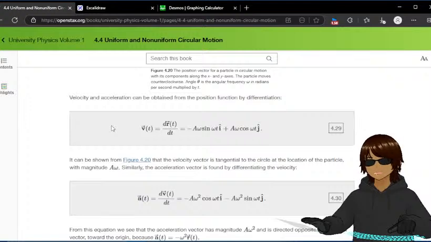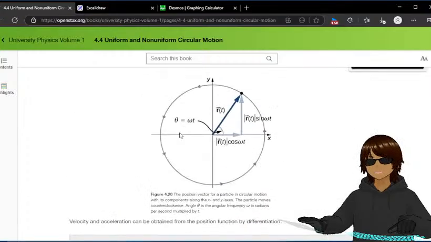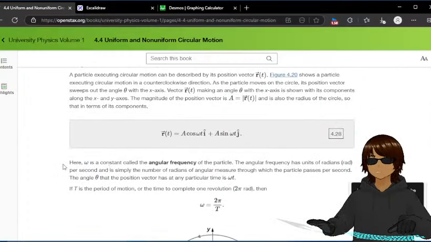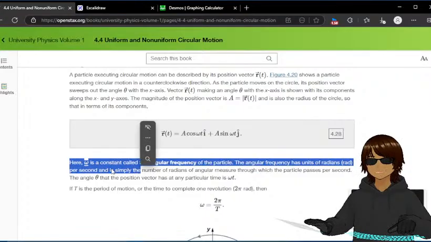Velocity and acceleration can be obtained from the position function by differentiating. The velocity, we have a minus sign. Velocity with respect to time: you have minus A omega sin of the radians and then A omega cos.